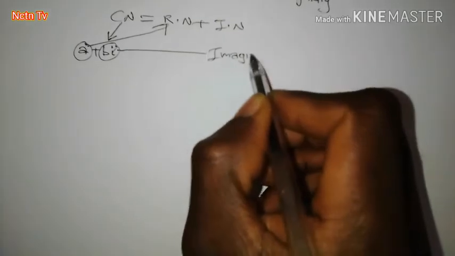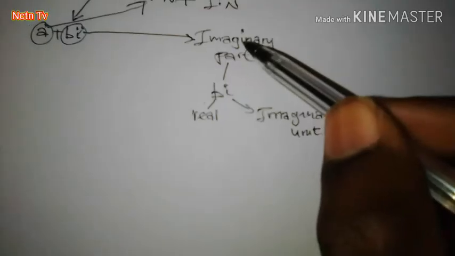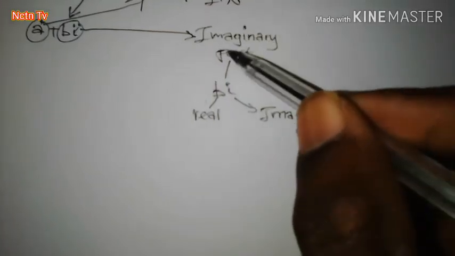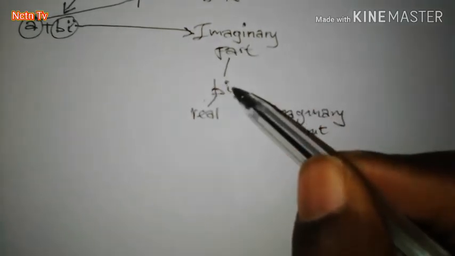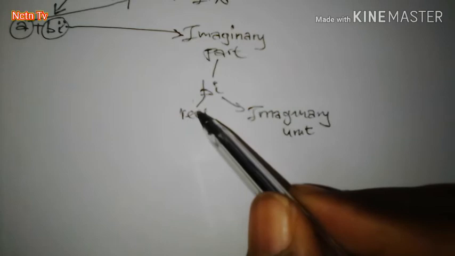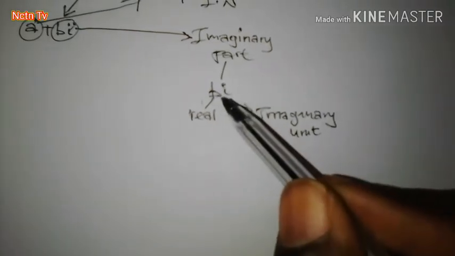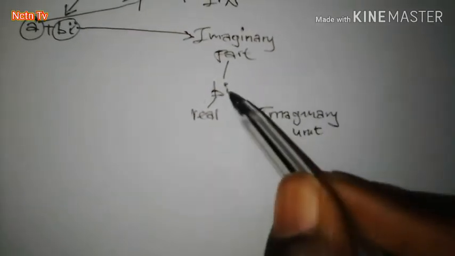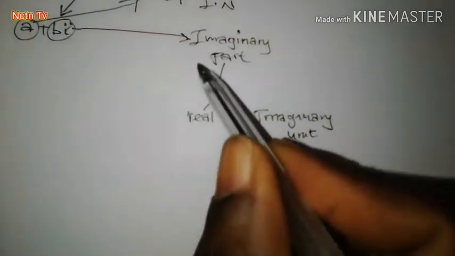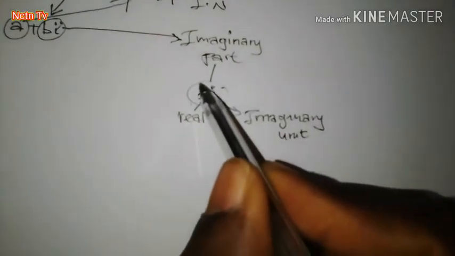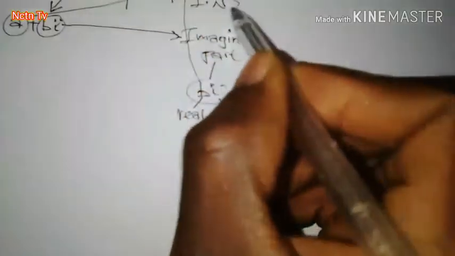We call it an imaginary part because it is formed of b and i, where i is the imaginary unit and b is a real number. When we put these two together, we get an imaginary part.